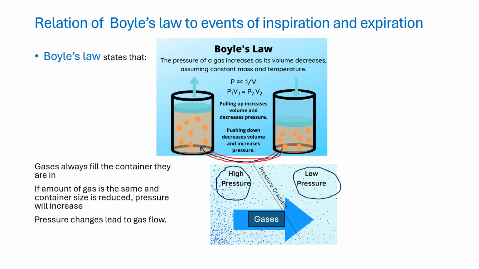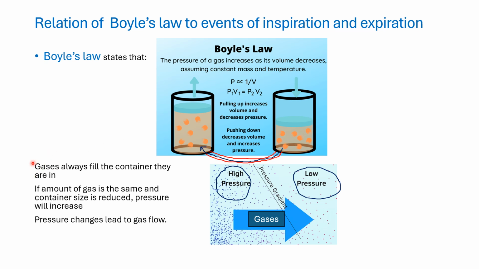Over here there are more molecules of gas, which means more pressure, so they are going to move to the lower pressure. Similarly in this system, if they had a choice, they will move to this system when the pressure increases.